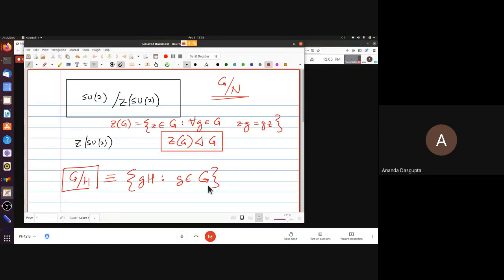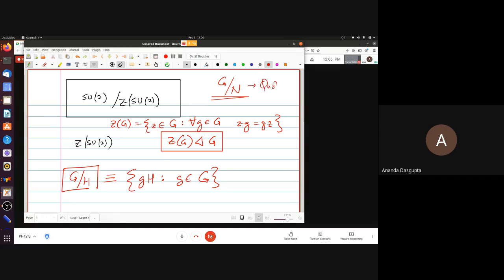That will be a set. And is that set useful? The answer is often yes. For many of our applications, the cosets of a particular subgroup will be very important and useful. However, it's only when H is a normal subgroup does this actually lead to a group. So G by H in general is not a group. G by N, where N is a normal subgroup, is a group. And that's where you get the quotient group from.